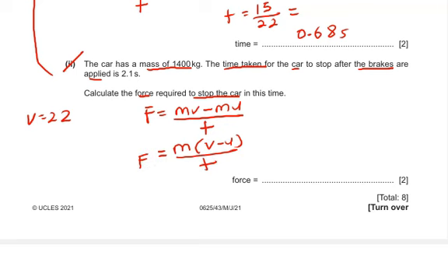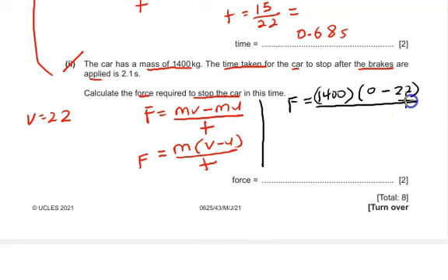We can substitute the values here. The force will be, what's your mass? Mass is 1400. Your final velocity here will be 0 minus the initial velocity, which is 22, divided by the time 2.1 seconds.